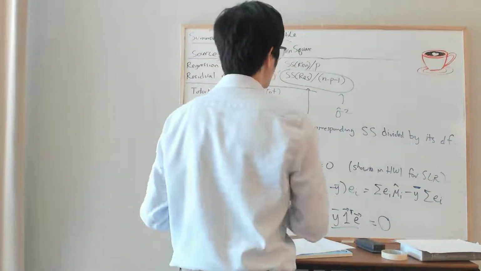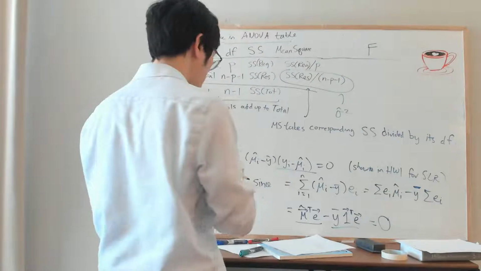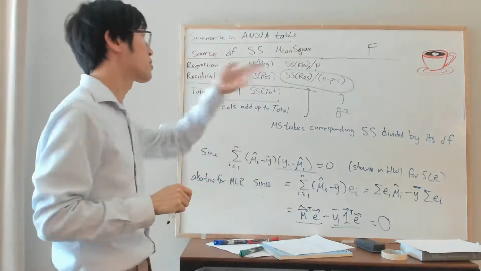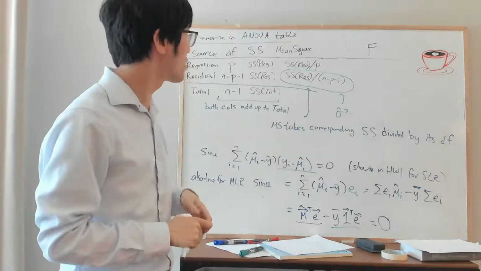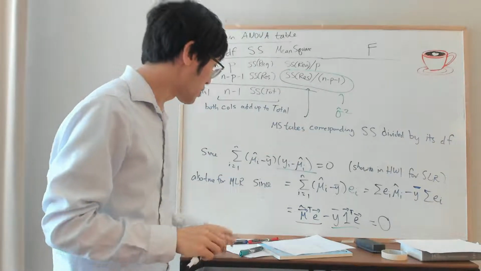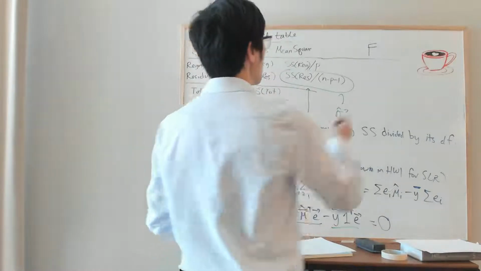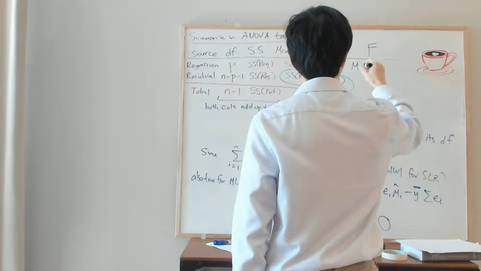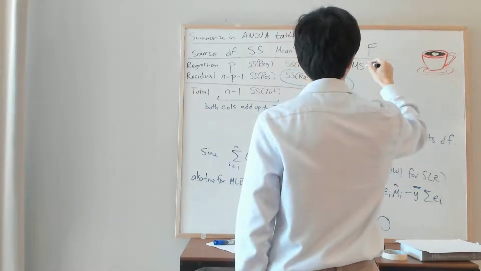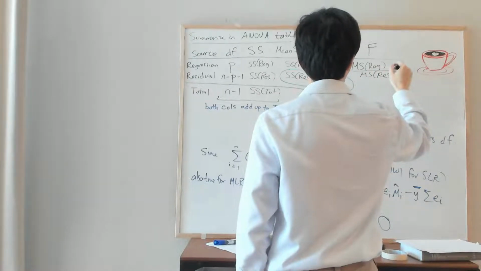And so the last column here is the F statistic. I'm just stating it now. We're going to come back and look at the F distribution and F test in much more detail in the next lecture. The F value is to take the mean square for regression and divide it by the mean square for the residual.